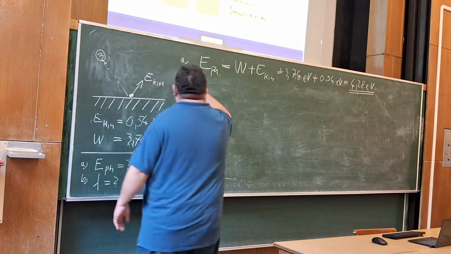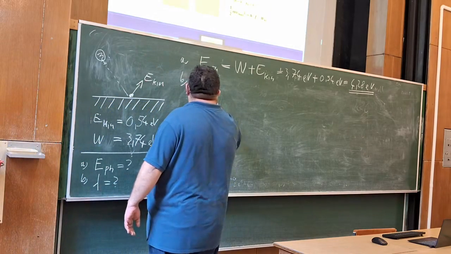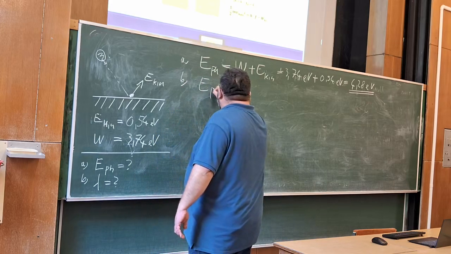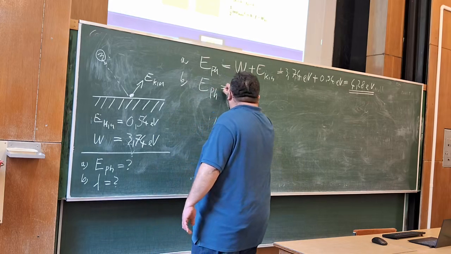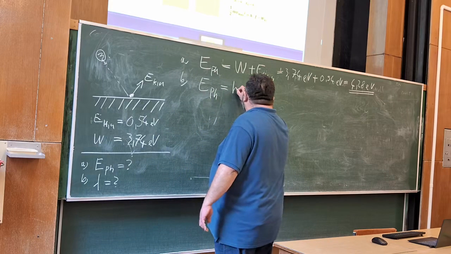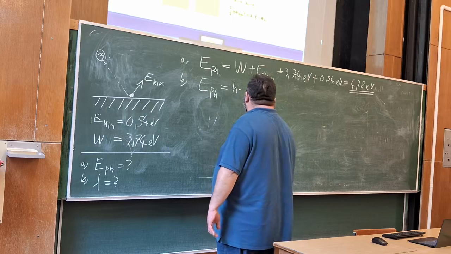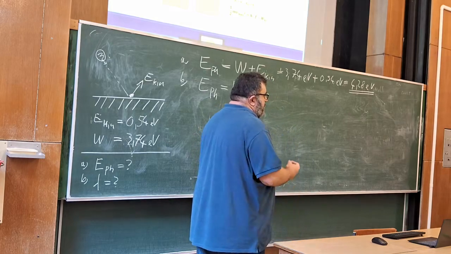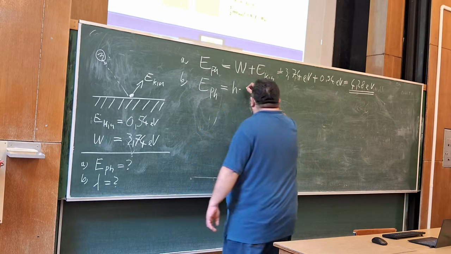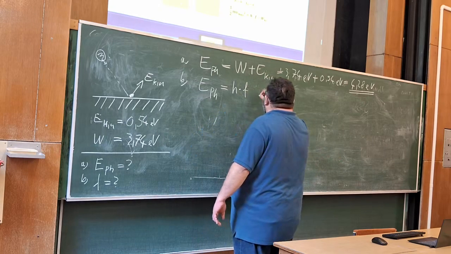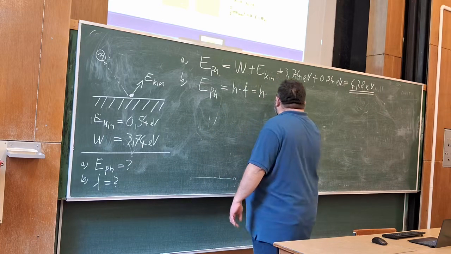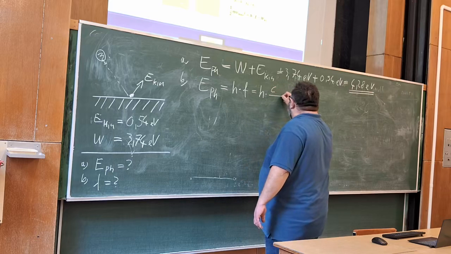B is quite simple. Also, the energy of the photon is the Planck constant times the frequency. Well, usually I write mu, but for you I write f. And that's the Planck constant times c per lambda.